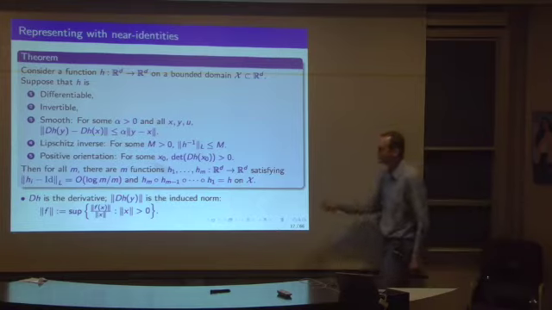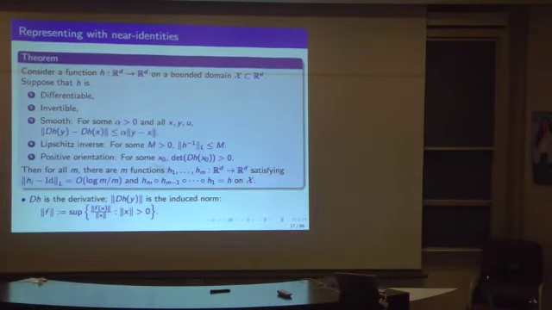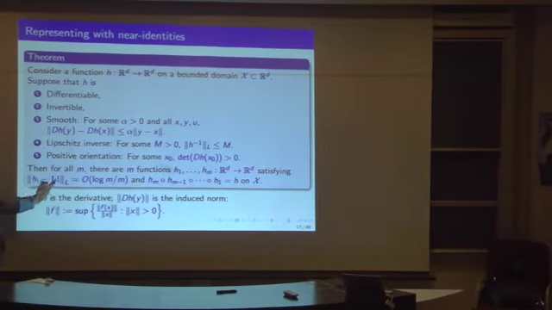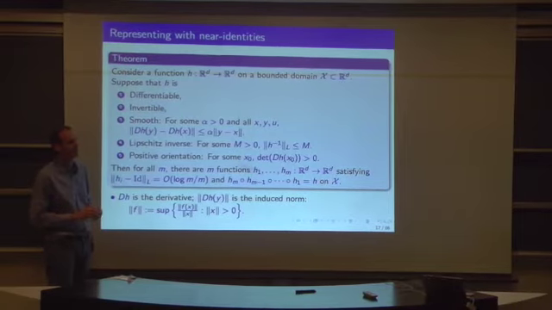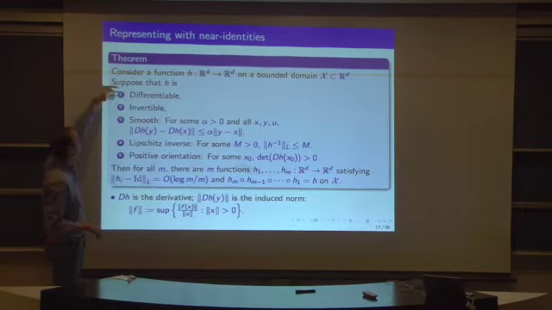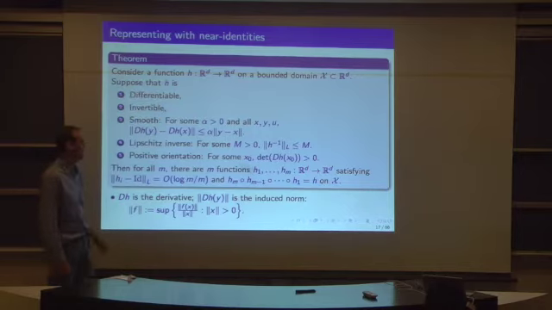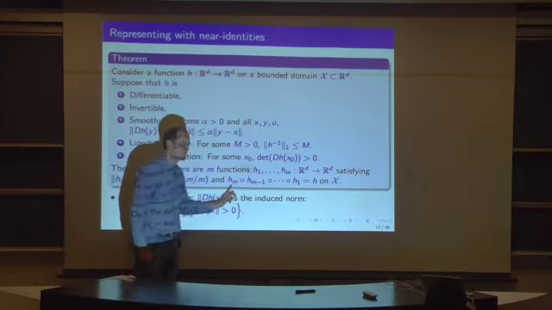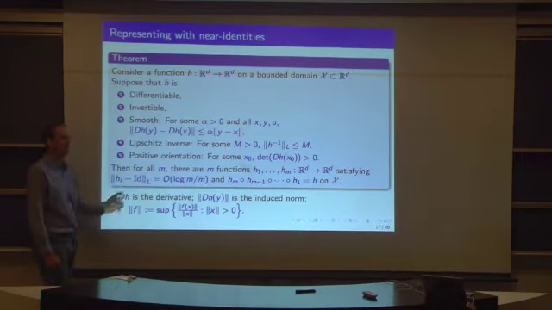So actually, all of the slack here is in the analysis. We're representing h exactly on that bounded domain. So h satisfies these conditions on the bounded domain, and we can represent it exactly as a composition of these m functions, and those m functions have this property that they're close to the identity in this Lipschitz semi-norm sense.